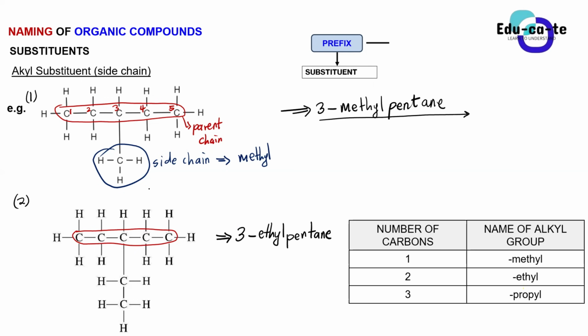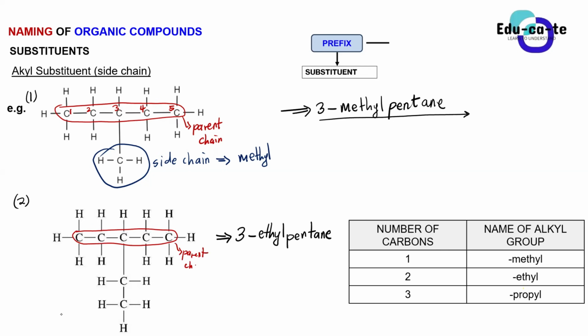Number one thing that you do, you identify the parent chain. The parent chain is the one that I've highlighted here in red because it is the one having the highest number of carbons. You can even highlight it in this way, from this point until you get to this one, and say that this is your parent chain.